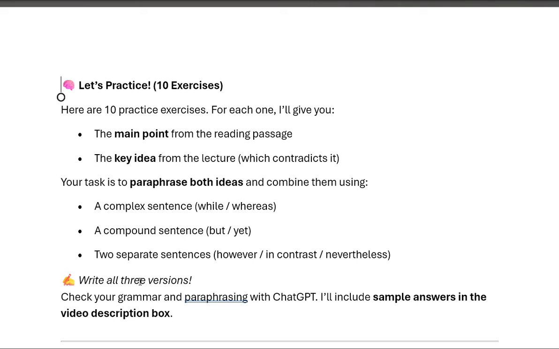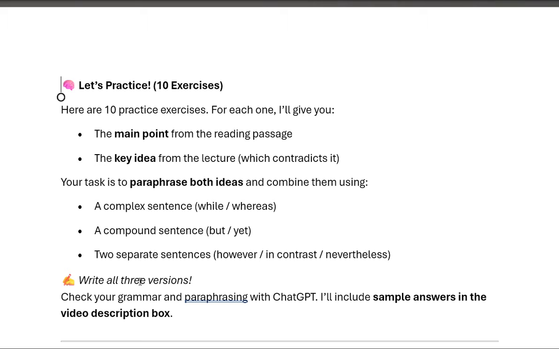I promise you, if you can control your sentence structure with these three sentence types, and I'm going to give you a secret here. In the integrated writing task, you basically have your short introduction, where you combine the main point from the reading and the lecture briefly. Then you have three body paragraphs: reading point 1, listening point 1, reading point 2, listening point 2, reading point 3, listening point 3. In the first body paragraph, when you want to combine the two sources together, you can use a complex sentence.